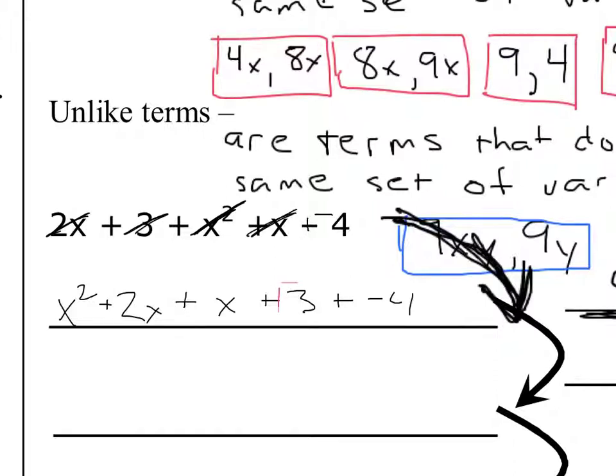These two terms are what we call constants. And the reason that they're called constants is because no matter what the value of any of the variables are, these two terms are going to have the same value.